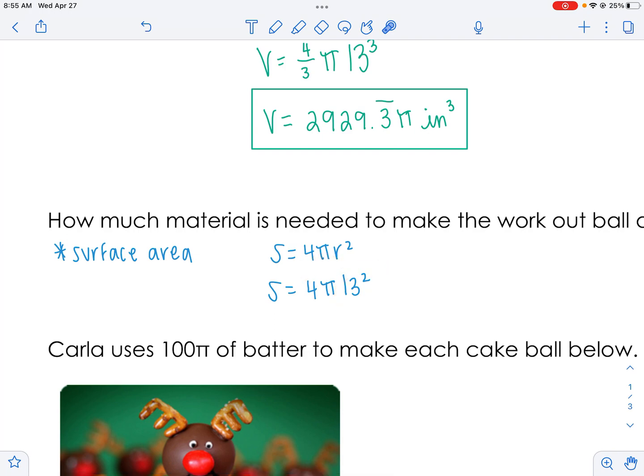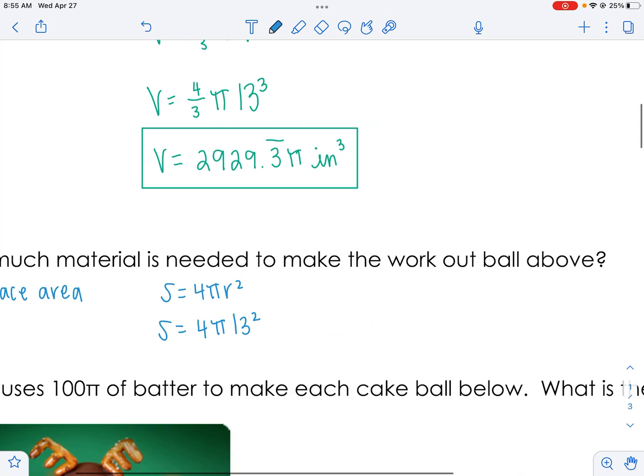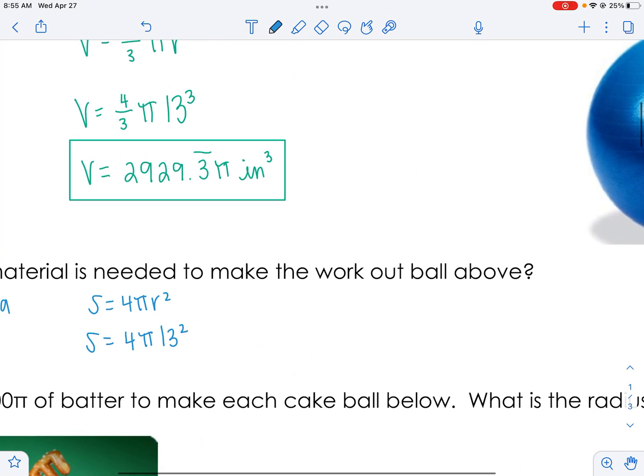So I like to go a little bit backwards in these problems because we do exponents first. So I'm always going to do this part first and then deal with the rest of it. So the exponents first would be 13 squared is 169. Multiply that by 4. So the surface area would be 676 pi inches squared.